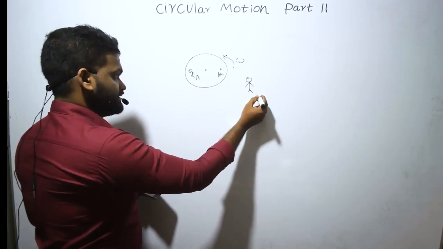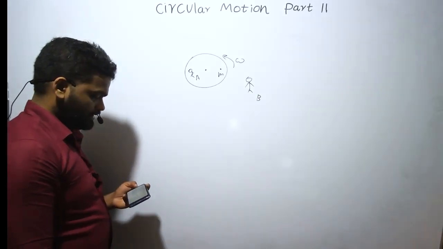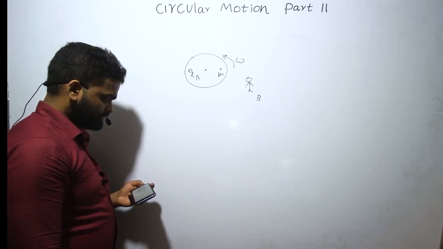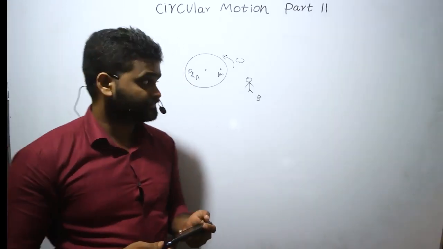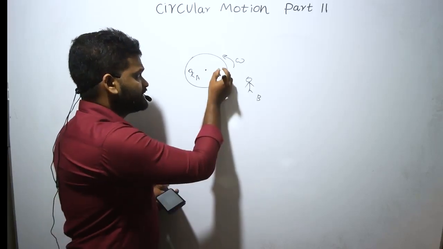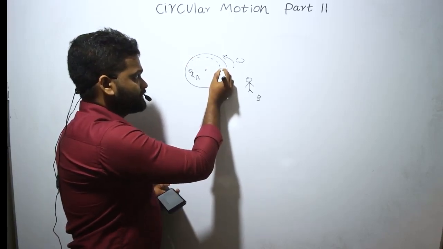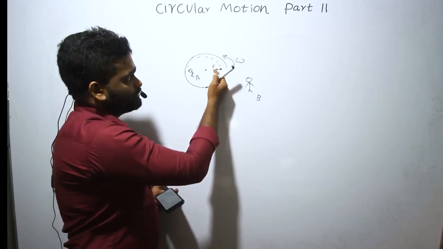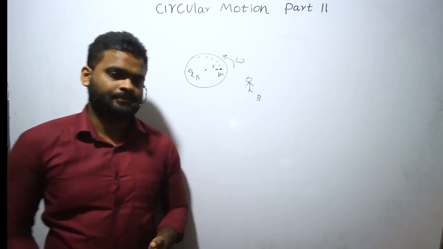He is A and he is B. Observer A is on the table, observer B is on the ground as shown. The force acting on the mass is, so you can see this mass, there must be a force. In order to have a circular motion, there must be a force acting towards the center.